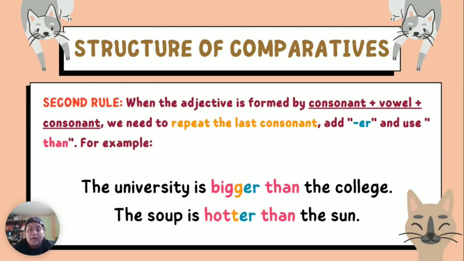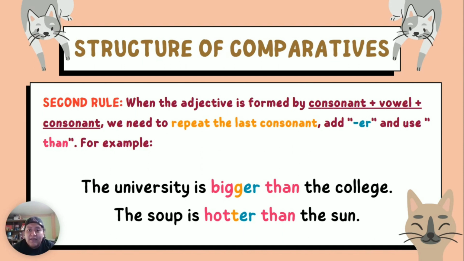Second rule. When the adjective is formed by consonant plus vowel plus consonant, we need to repeat the last consonant. Add er and use than. For example, the university is bigger than the college.